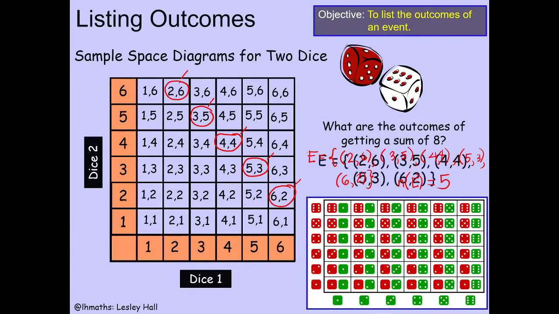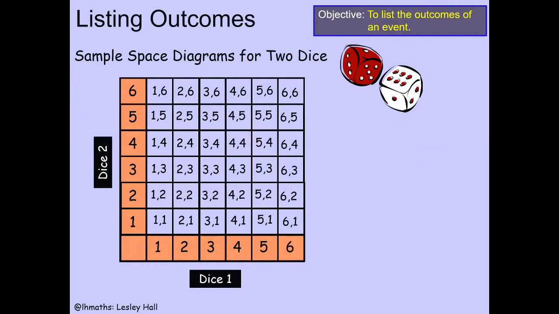Let's have another one. What if you're given like this question over here? What are the outcomes of getting exactly 1 odd number? 1 and 2. Okay, let me encircle that. Exactly 1 odd number. Okay, isa ka odd number. Correct. What else? 3 and 2.